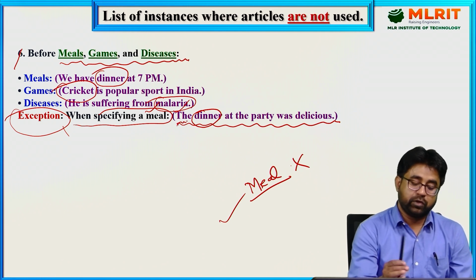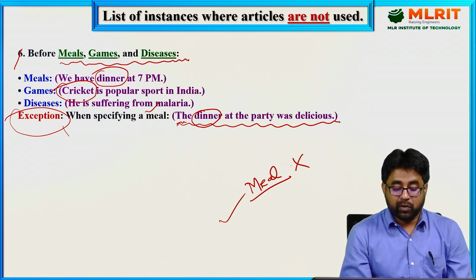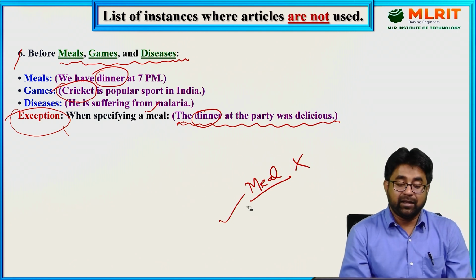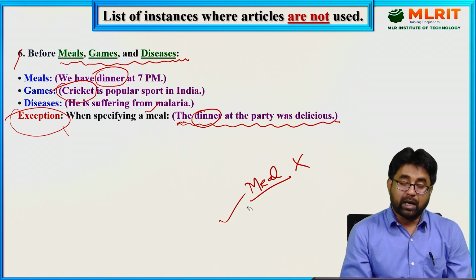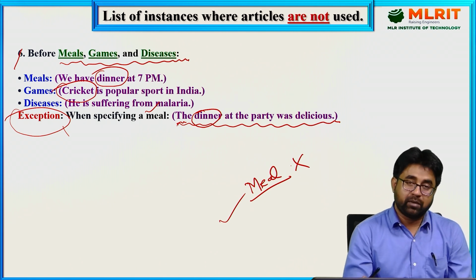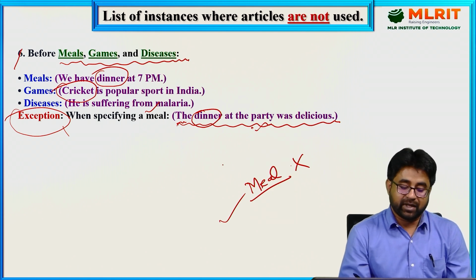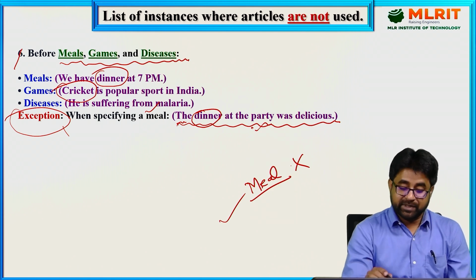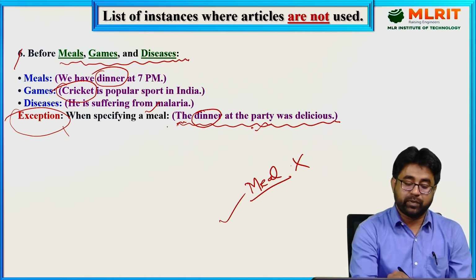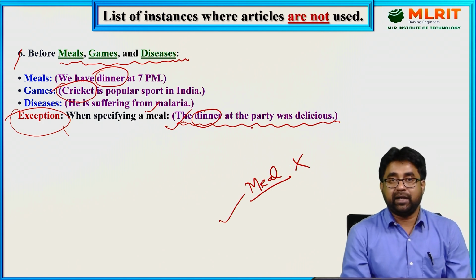But see the context of the sentence. I am not talking about a meal in general. I am talking about a particular meal that was served at that particular party, right? So here I am talking about a specific dinner, and that's why in this particular case we are using the definite article "the".